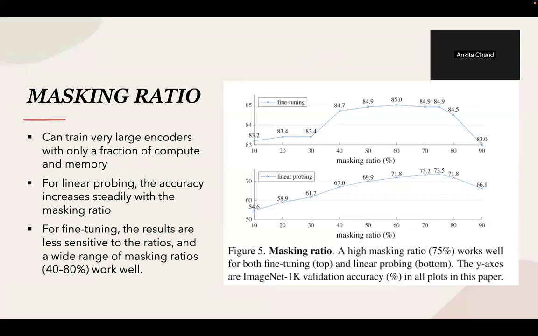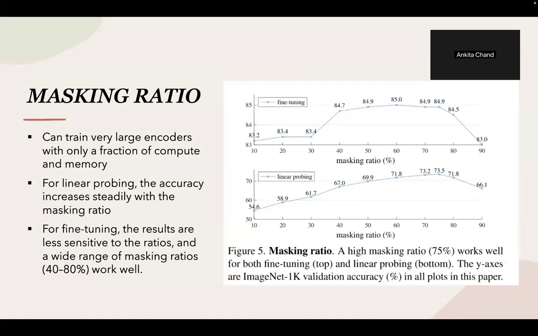Now, in this plot, we can see how different masking ratios affect the performance of the model. So basically, a comparative analysis is done for both fine tuning and linear probing. And we can see that for the fine tuning task, a masking ratio range between 40 to 80% gives good accuracy, while in the case of linear probing, the accuracy increases steadily with the masking ratio.